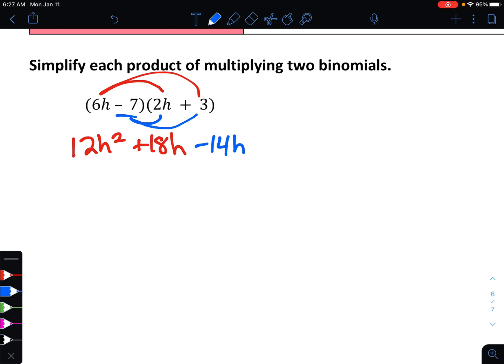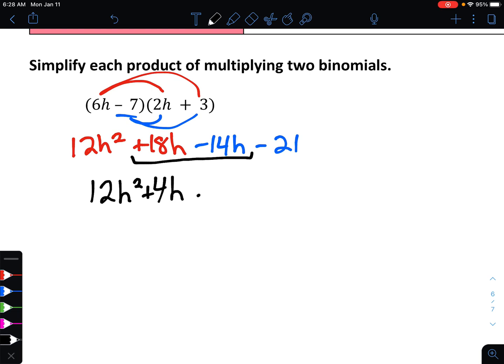Negative 7 multiplied by 3 is a negative 21. Now, we'll continue to check these middle two terms, and pretty much always those are going to combine. In this case, 18 minus 14 is positive 4h. And then the first term, which is the 12h squared, and the last term, which is the minus 21, we'll just copy down after it.